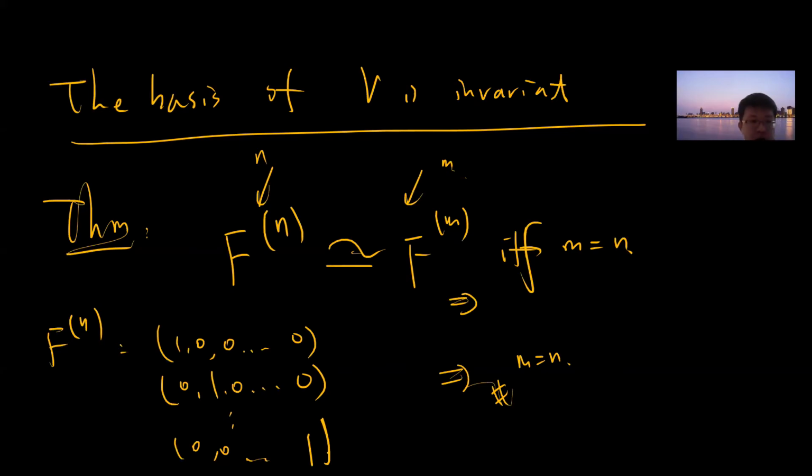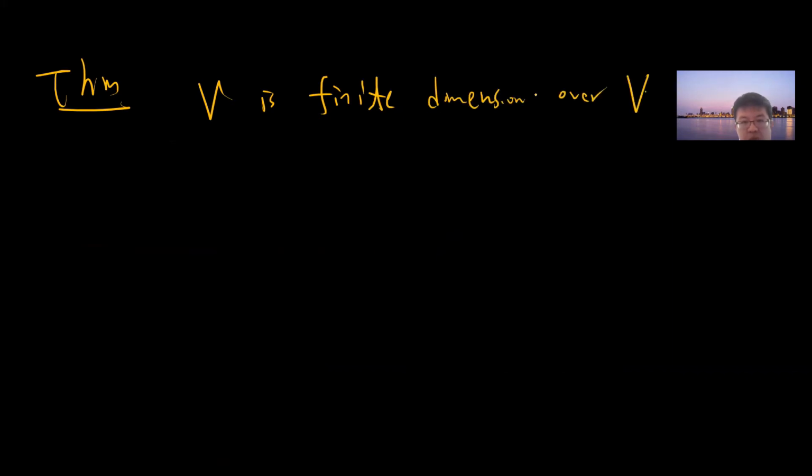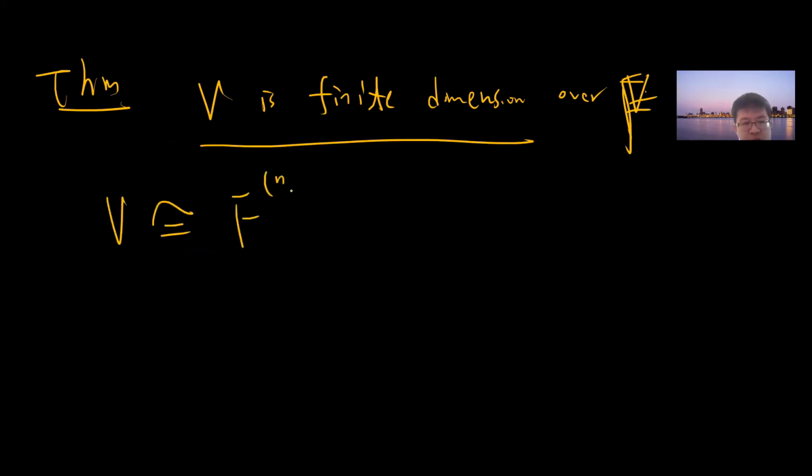Okay, so this is another theorem. If V is a finite dimensional vector space over F, then V is isomorphic to F^n for some n.